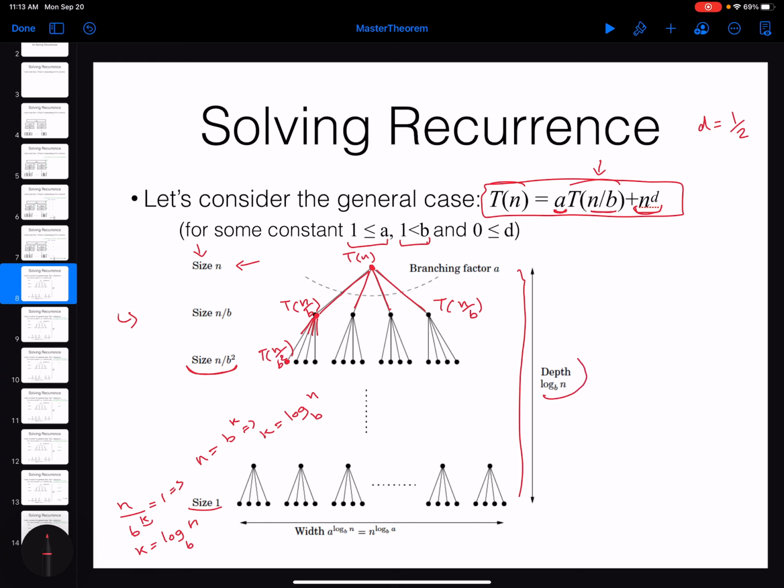That's why it's written here that the depth of the tree will be log of n in base b. Okay, so let me clean up a little bit here.